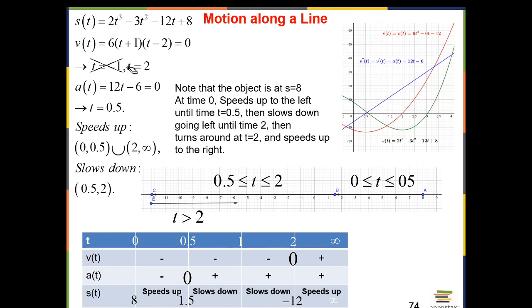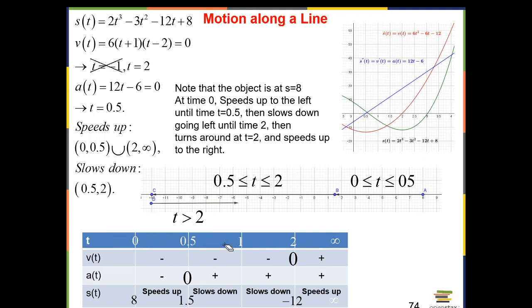So we got -1 and 2. -1 doesn't work for us because time cannot be negative in our example, right? And so we have 2 and we have 0.5, 2 points. Now, the domain of this function is from 0 to infinity. So we're going to make a table here. And we're going to learn more about doing this later. But for now, let's apply this table to this problem.